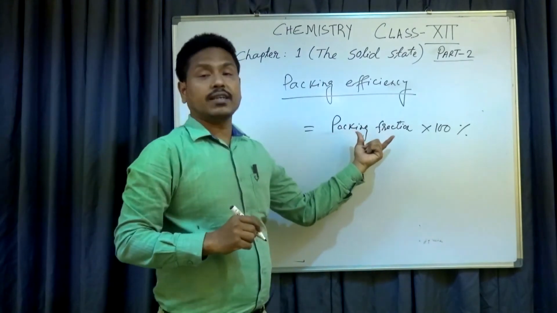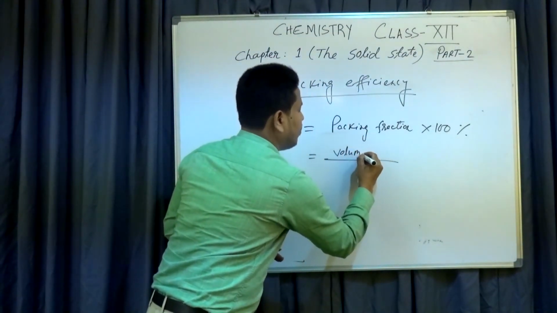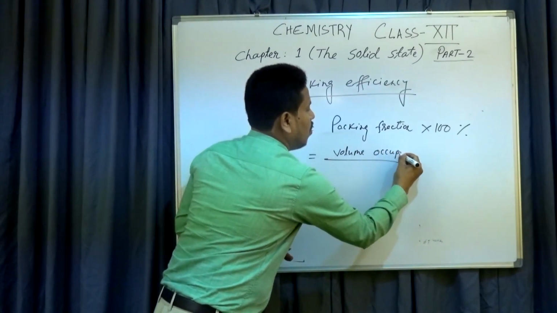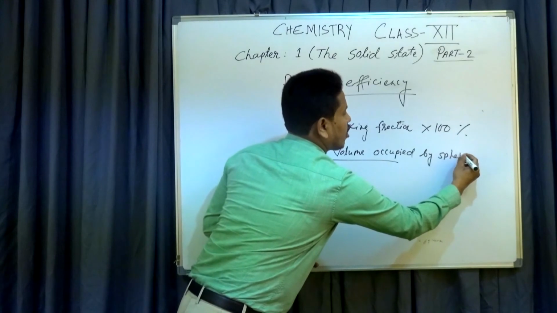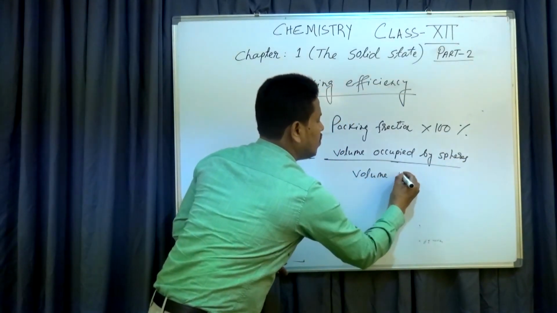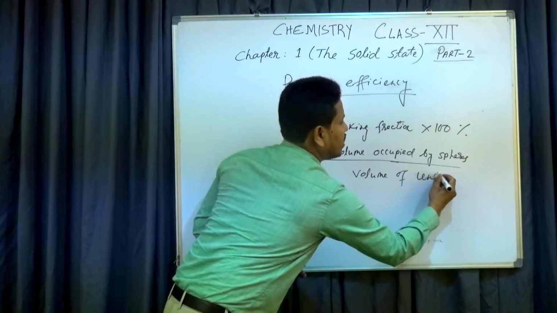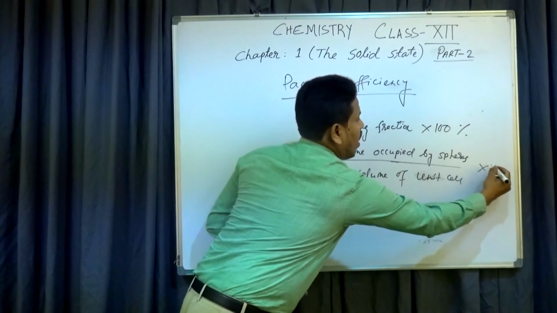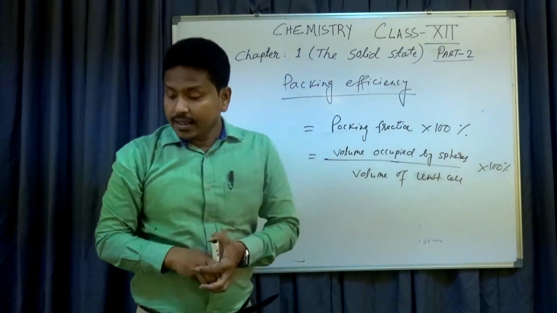What is packing fraction? Packing fraction means volume occupied by atoms, atoms means spheres, divided by entire volume of cube, volume of unit cell, into 100%. This is the percentage. This is the packing efficiency.